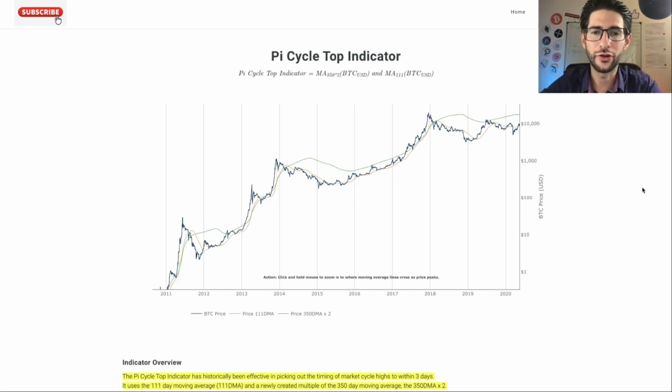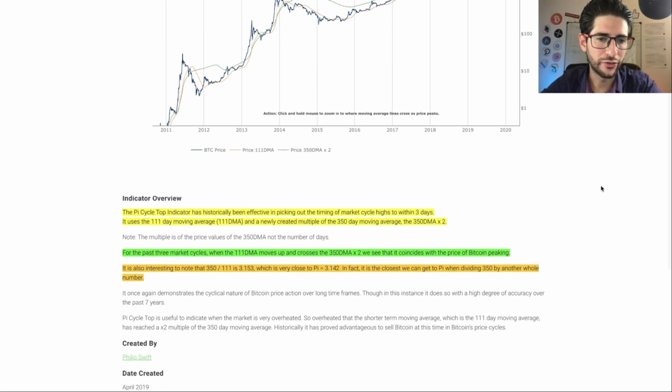The third indicator is the Pi Cycle Top indicator. The Pi Cycle Top indicator has historically been effective in picking out the timing of the market cycle high to within 3 days. So this predicts the 3 days of the market peak.